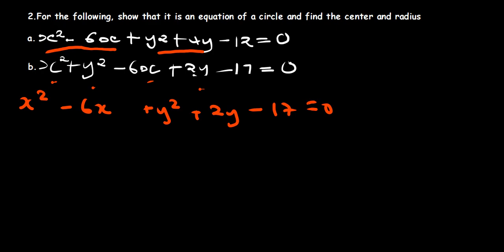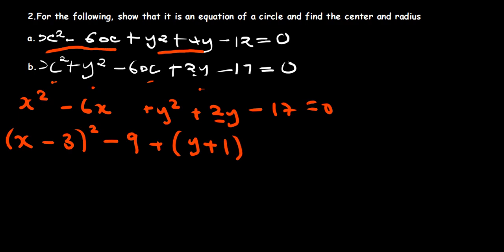On the x's here I'll get x minus half of that, which is 3, squared, then minus 3 squared, which is 9. Then plus y, plus in this case because there's a plus sign there, half of 2 is 1, squared, then minus 1 squared, which is 1.